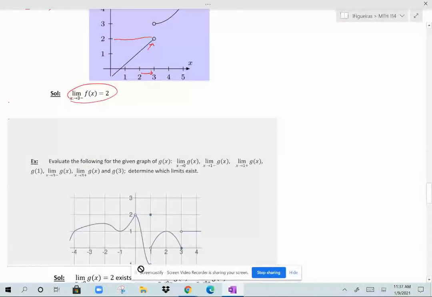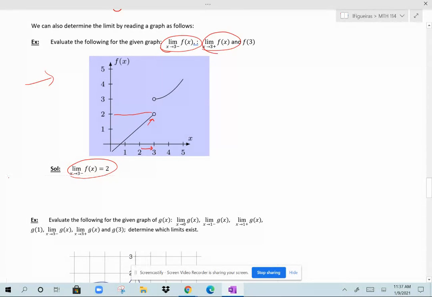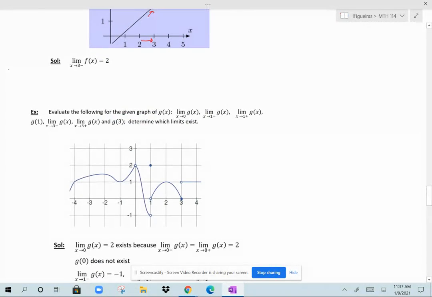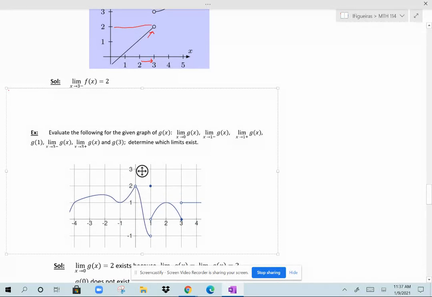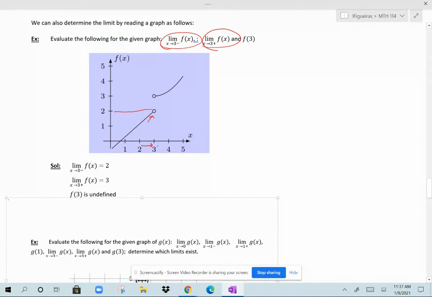Now I need to evaluate the limit as x approaches 3 from the right. So as x approaches 3 from the right, again, if you follow the path of the function, I just need to move this down a little bit. If I'm on the right side of 3 and I follow the path of the function, well, that means I'm up here, and that appears to be getting closer and closer to the value of 3.